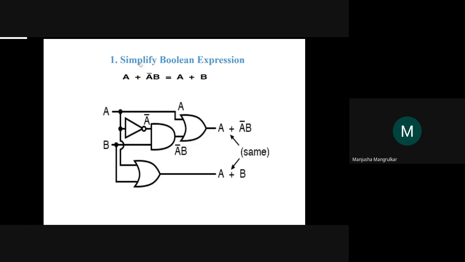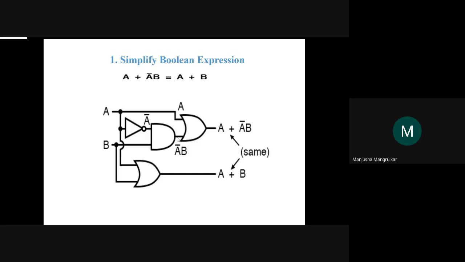Suppose you get this kind of equation. You have to prove it, simplifying the Boolean expression. A or A complement and B is equal to A plus B, whether it is proved or not, right? By using Boolean algebra, or by using a truth table, that is different. How will we draw this? A is simple. Then A complement, so A goes through a NOT gate to give the complement, and B is ANDed, right?